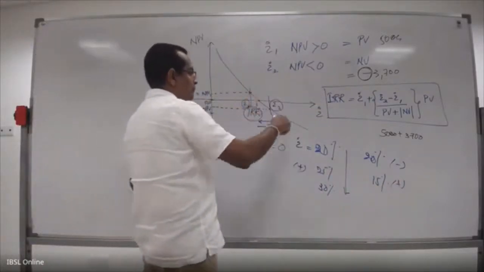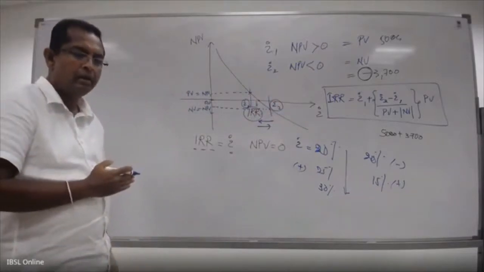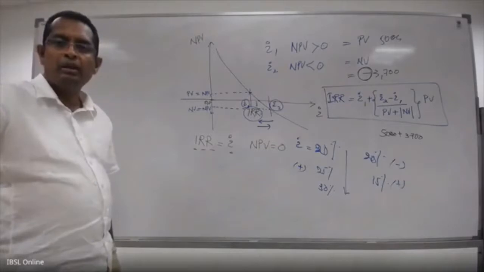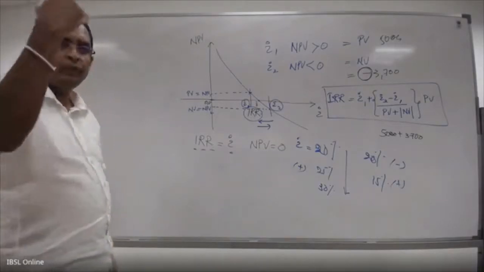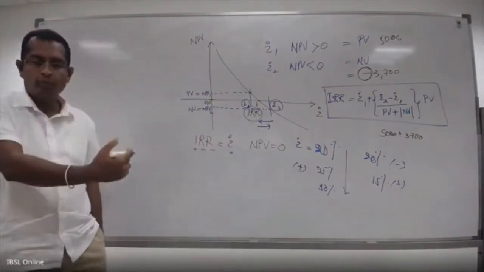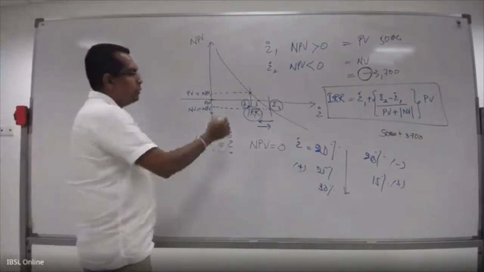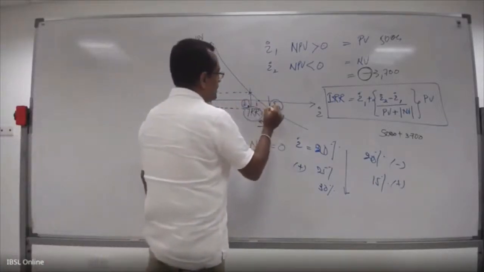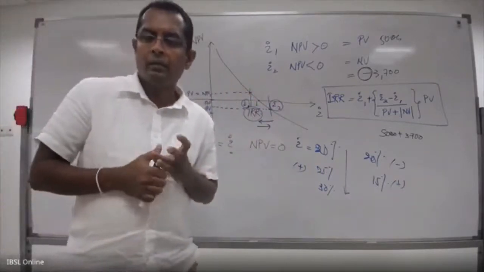If you get a positive NPV, you increase your rate to get the negative. If you get a negative NPV, you reduce your rate to get the positive. These are the two rates. Is it clear? Now can we go to do a sum?